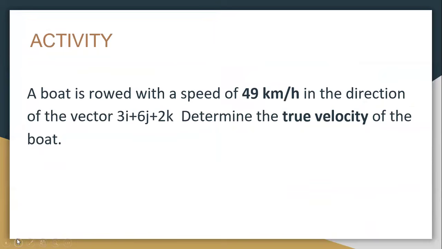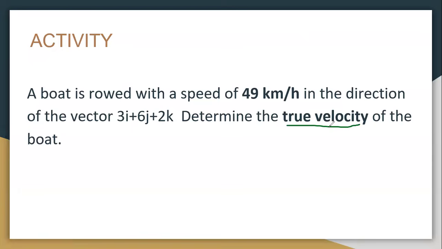Okay. Now, that is one way they can set it. Another way they can set it, they can give it to you in this form. That first item I've given you, they can give it in this form. It is the same item. So they can say a boat is moving with a speed of this in the direction of this. Determine the true velocity. Now, the moment you read the words true velocity, don't be confused. In other words, they're asking you for the velocity form.